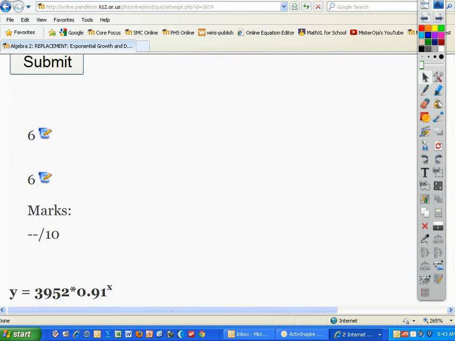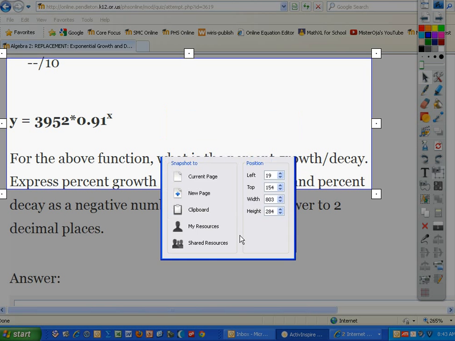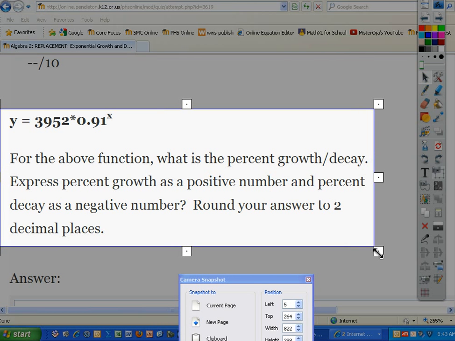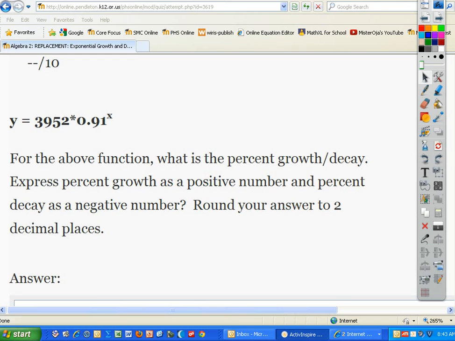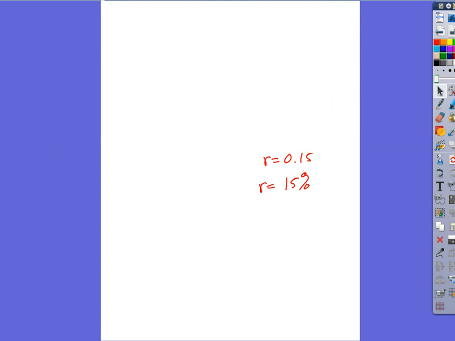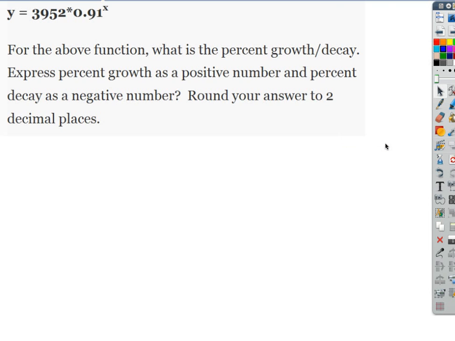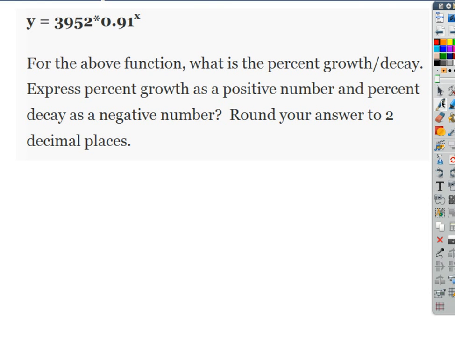Okay. It's just a little trickier here, so I want you to tell me now, if this is my exponential function, what's the percent growth or decay?